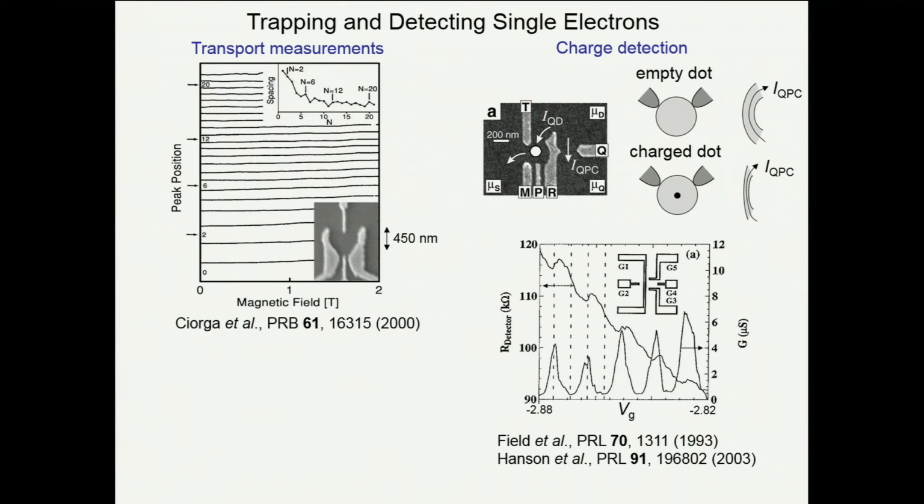The reason is, if I add an electron to the dot, it changes the local electrostatic environment near that quantum point contact, and it changes the conductance through it. So these little steps that you see, the sawtooth pattern, that little blip there is the signal from one electron hopping off of the dot. You can actually resolve these single electron tunneling events through this conductance measurement, okay? And this is kind of a bulletproof measurement approach.